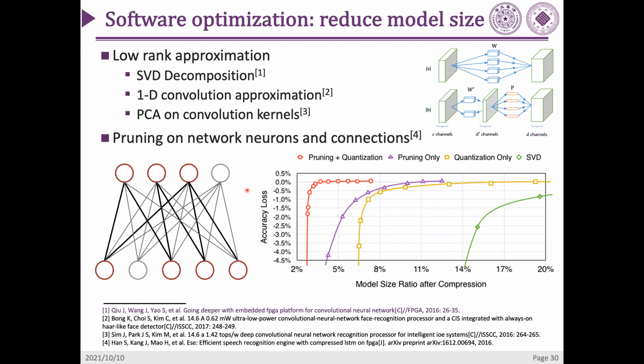So that will make the workload, the total operation number, very low. So reducing model size reduces the workload, and that is a very efficient technology used in the software optimization part.